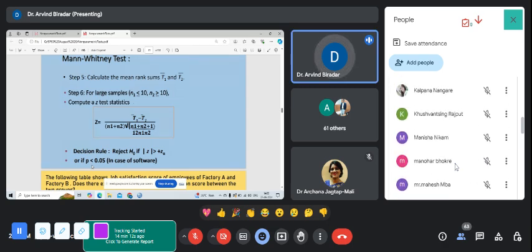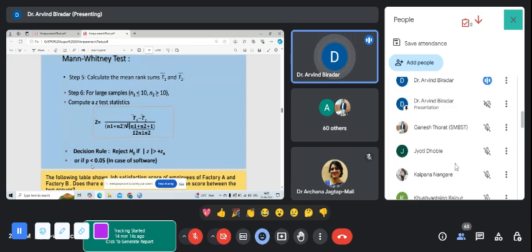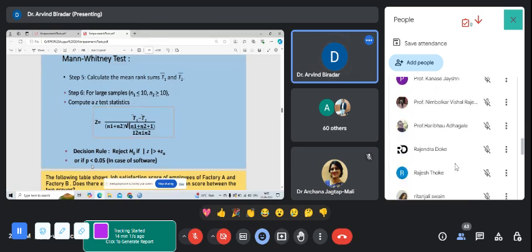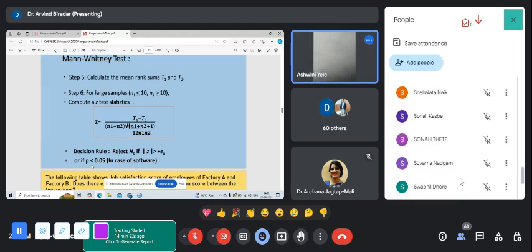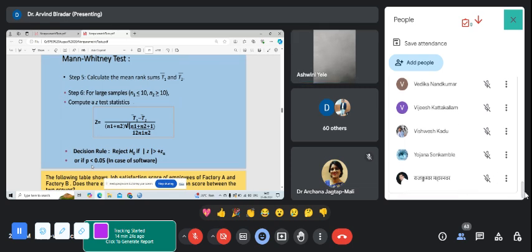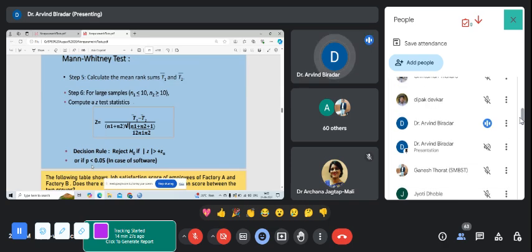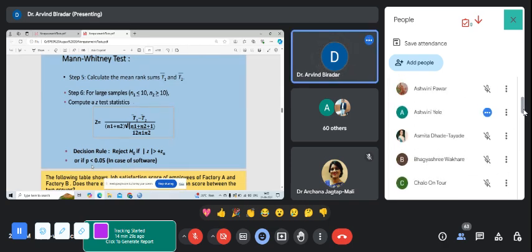This is a little confusing for everyone, which is why I mention software. If the manually calculated value is greater than the table value, reject the hypothesis. If the calculated value is less than the table value, accept it. Here the table value for 5% is 1.96.